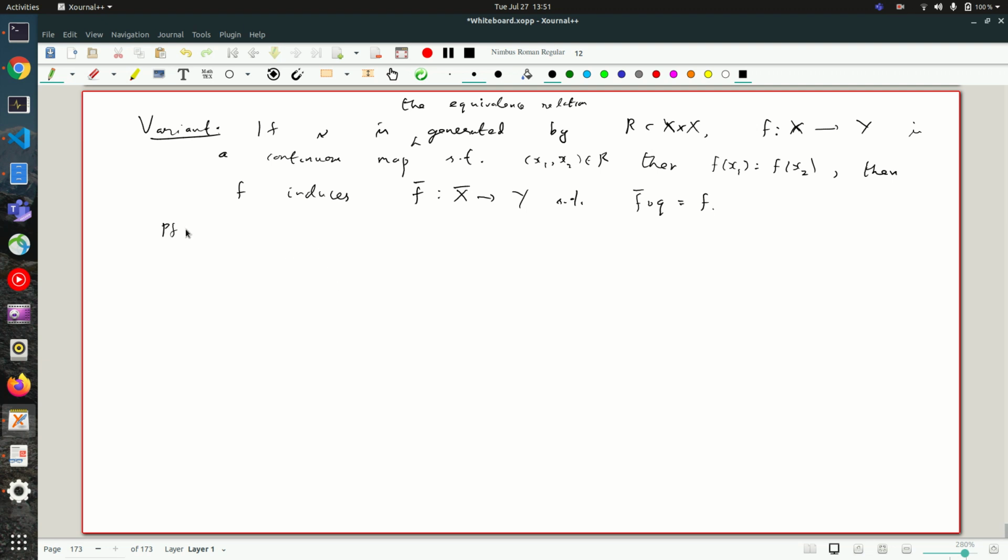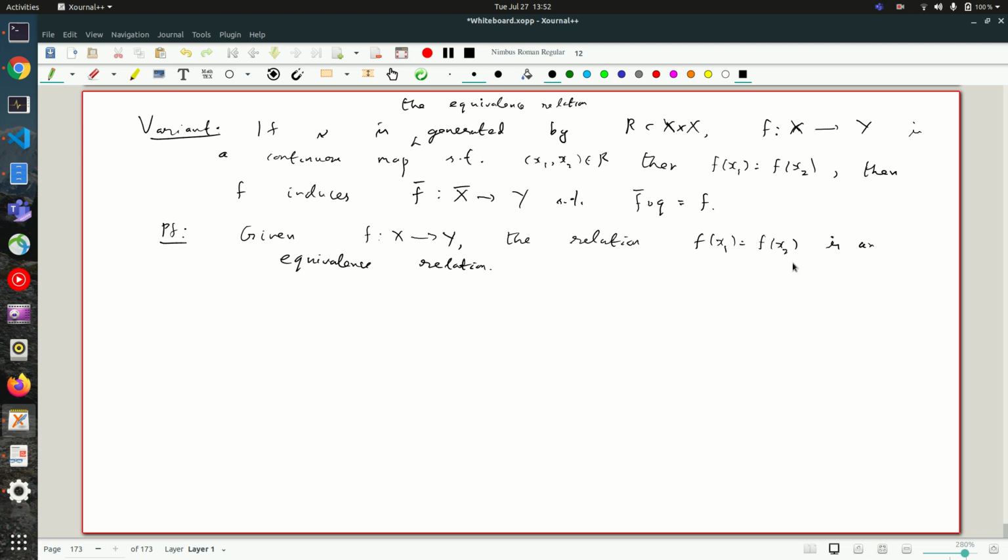Okay, so the idea is the following. We have to pass from a relation to the equivalence relation generated by this. Well, just note, given f mapping X to Y, the relation f of x1 equals f of x2 is an equivalence relation. So given a function, having the same image is an equivalence relation, just because equality is an equivalence relation.